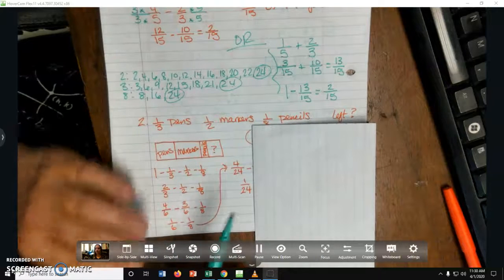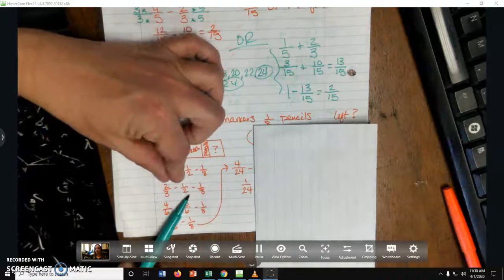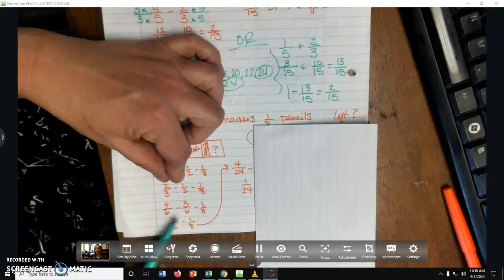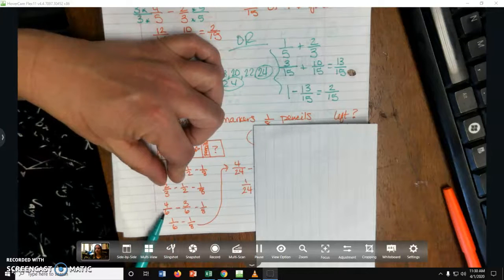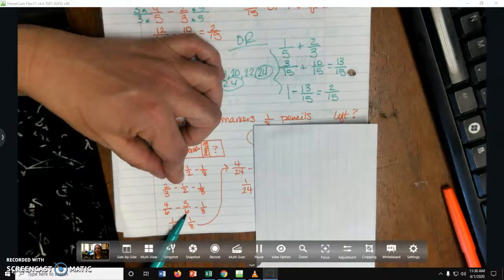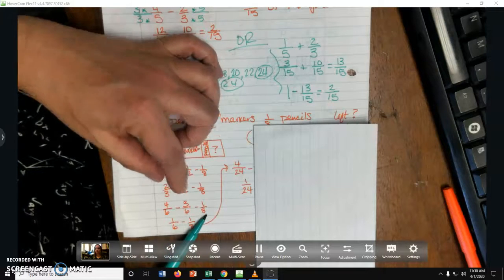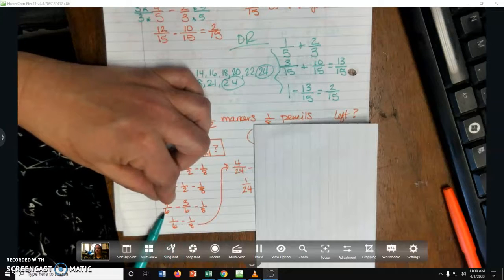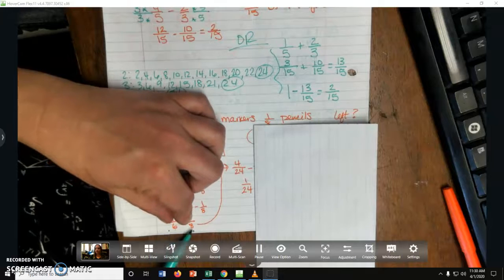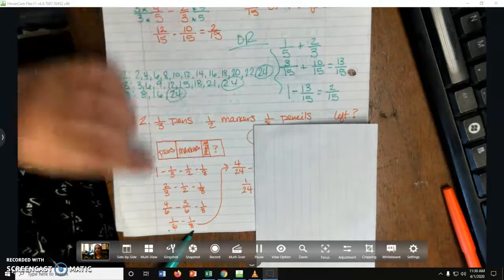Okay, so I went ahead and I said, all right, I'm only looking at 2/3 and I'm minusing 1/2. Well, if I look at my least common multiple for 2 and 3, it's 6. 2/3 is equivalent to 4/6. 1/2 is equivalent to 3/6. And then I'm still minusing the 8th. 4/6 minus 3/6 is 1/6. Still, I've got to minus the 8. Well, now I'm looking for my least common multiple of 6 and 8.